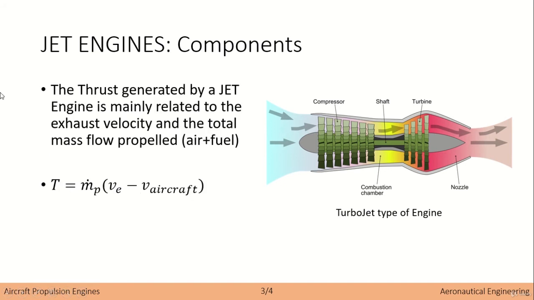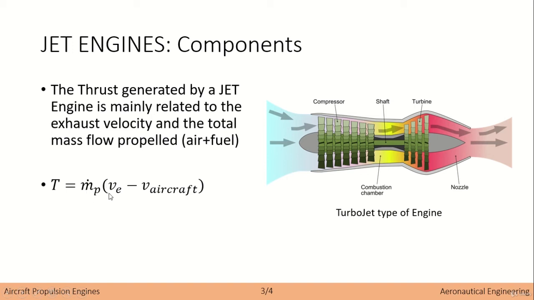Now, the idea of the thrust that is generated by these kinds of engines is that the exhaust velocity, the velocity which is expelled, is related directly to the thrust, and also the mass flow which is propelled is related to the thrust. Another way of saying this is that the thrust is a direct consequence of the amount of flow propelled, which implies the air and the fuel, the mixture that we had here.